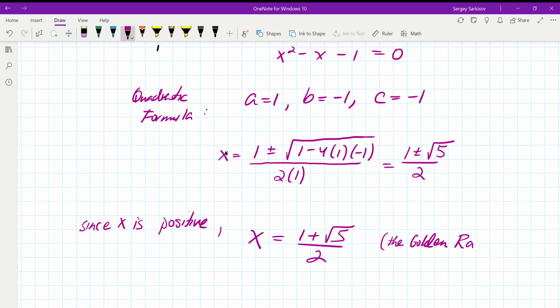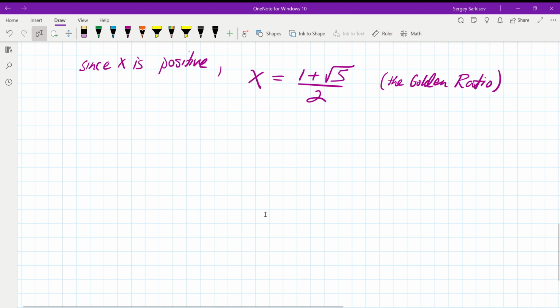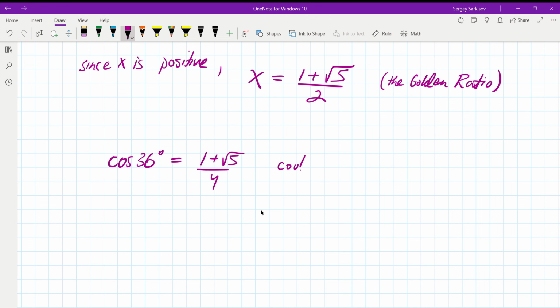Even here, people don't always know that the golden ratio is relevant. And if you know what cosine of 36 degrees is, for example, it's actually equal to 1 plus root 5 over 4. Cool. And you can do other things like sine and all that.